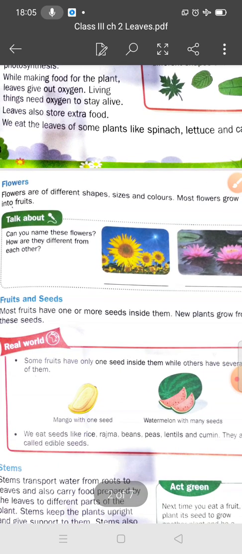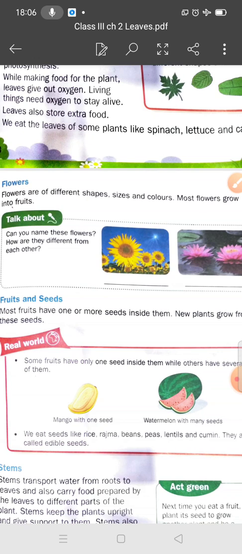Now you find out the answer to these two questions: can you name these flowers and how are they different from each other? In the next lecture we will discuss why they are different from each other. One is the sunflower and the next is a lotus.